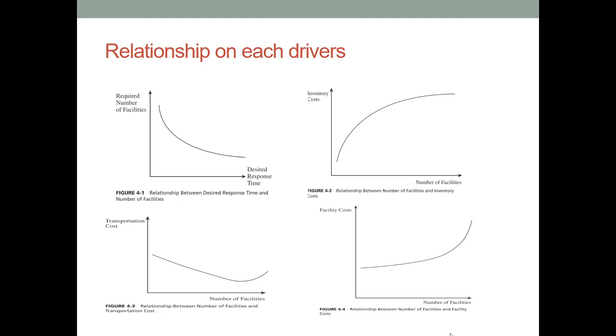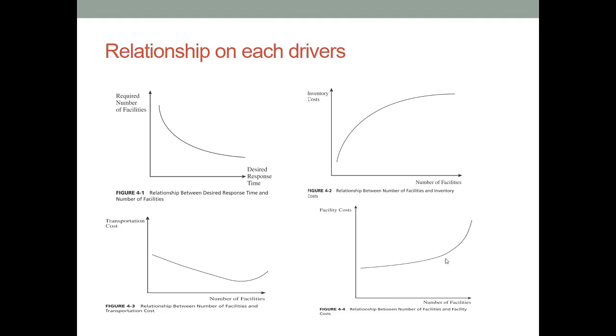The next one is the relationship between the facility cost and the number of facilities. From here we can see that increasing the number of facilities will affect the facility cost.